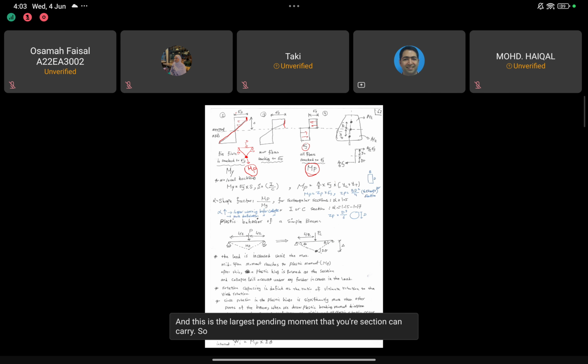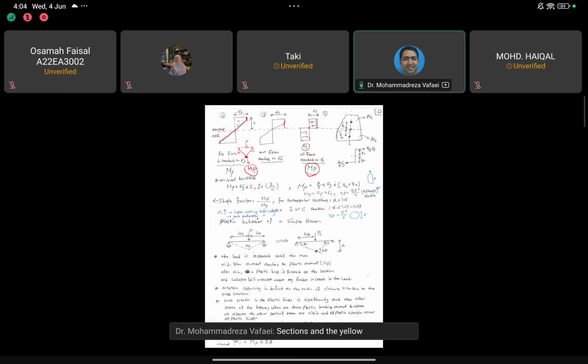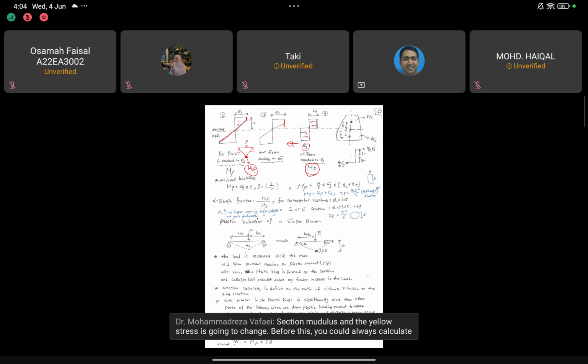So when you reach this stage, the relationship between section modulus and the yield stress is going to change. Before this, we could always calculate the bending moment from the stress and section modulus. You have this equation, sigma, which is the stress, equals bending moment divided by section modulus.